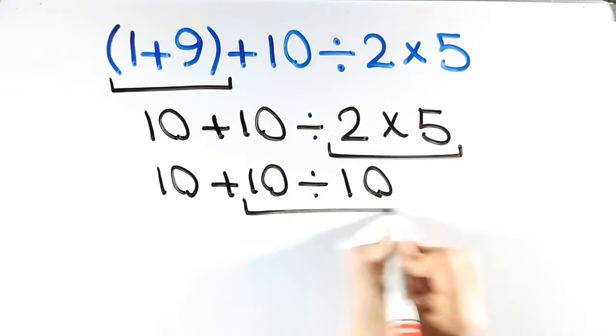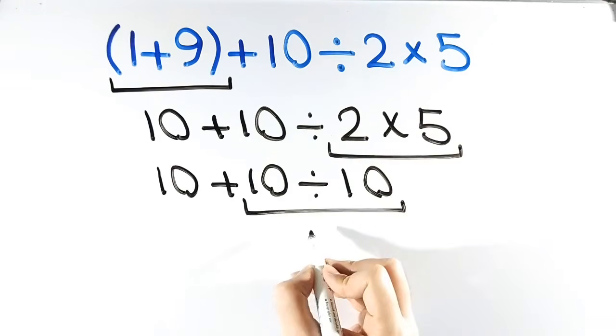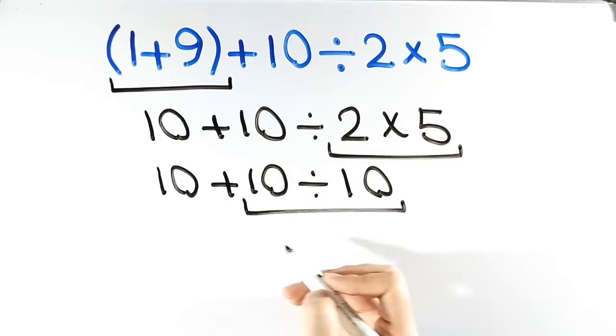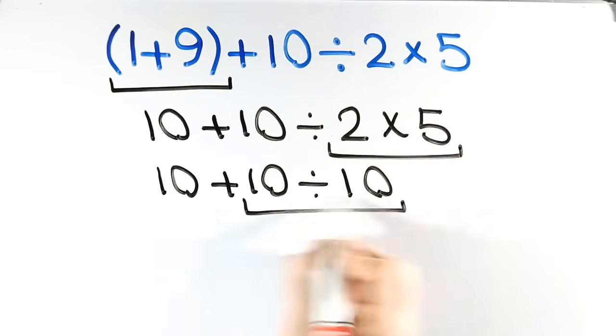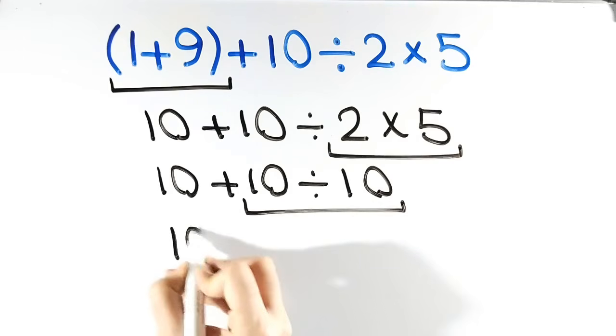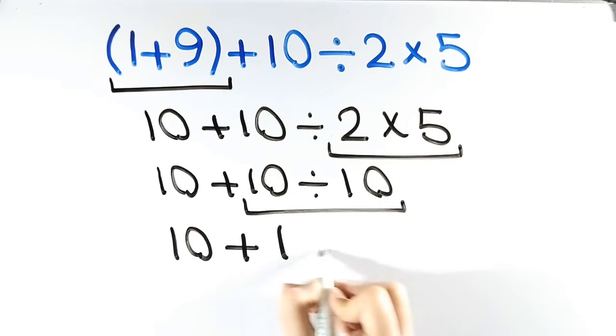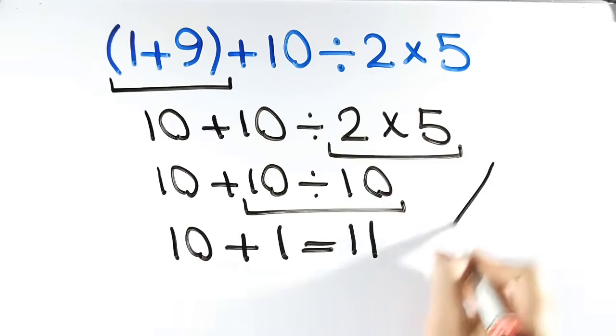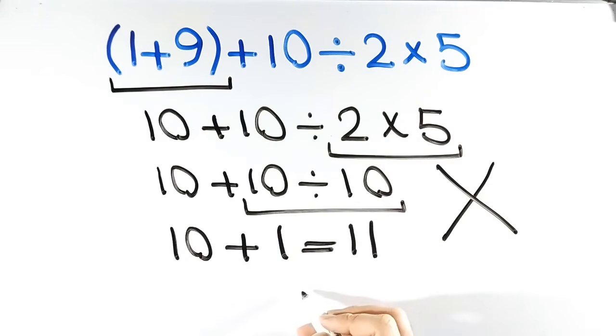Then they go for the division between 10 and 10, because they think division has a higher priority than addition. So, instead of this expression, they write 10 plus 1, which finally gives them the answer 11. However, it's not the correct answer to this question.